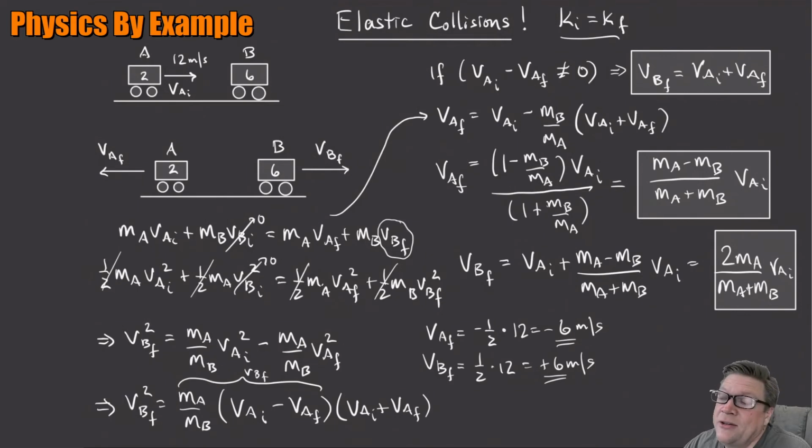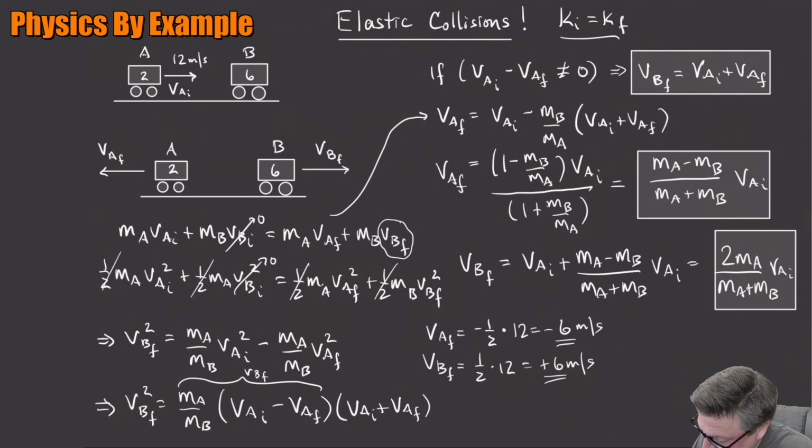Okay, so that's how you find out the final velocities. It's always a good idea just to take a second and make sure that the two principles hold, just to satisfy yourself that this actually works. Let's go back and make sure that the conservation of momentum holds.